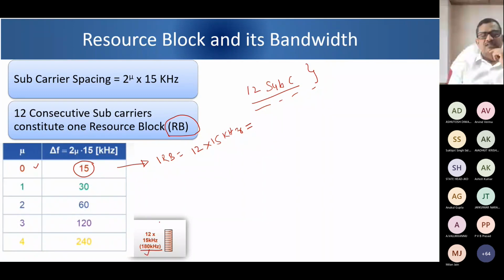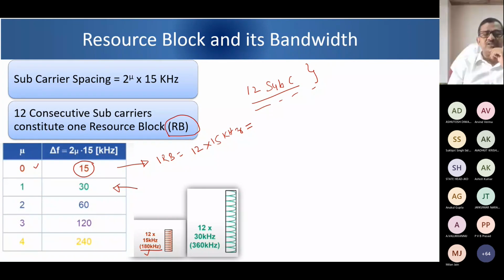You can see here. Now can you calculate it for numerology 1? 360 kilohertz. Yes, because here 12 into 30 kilohertz is 360. Very right. And for numerology 2? 720.